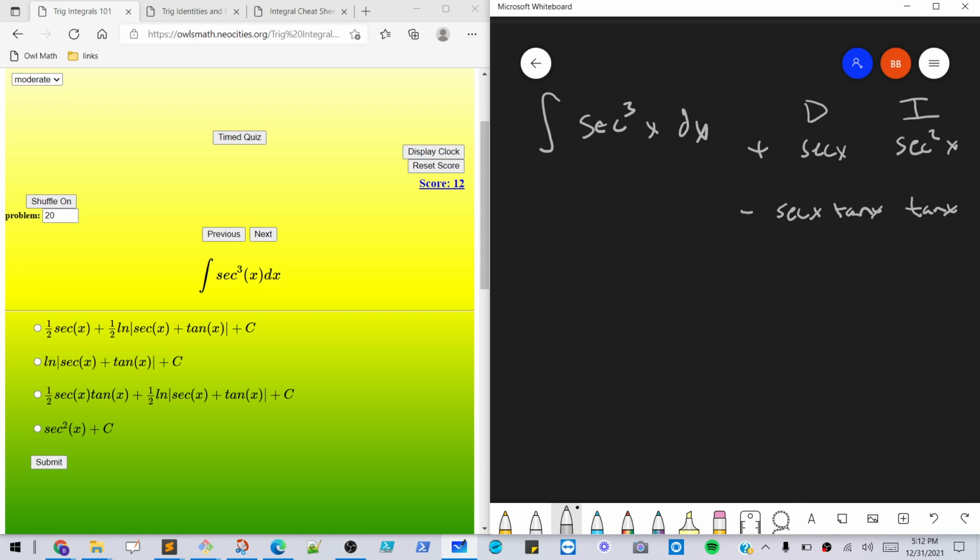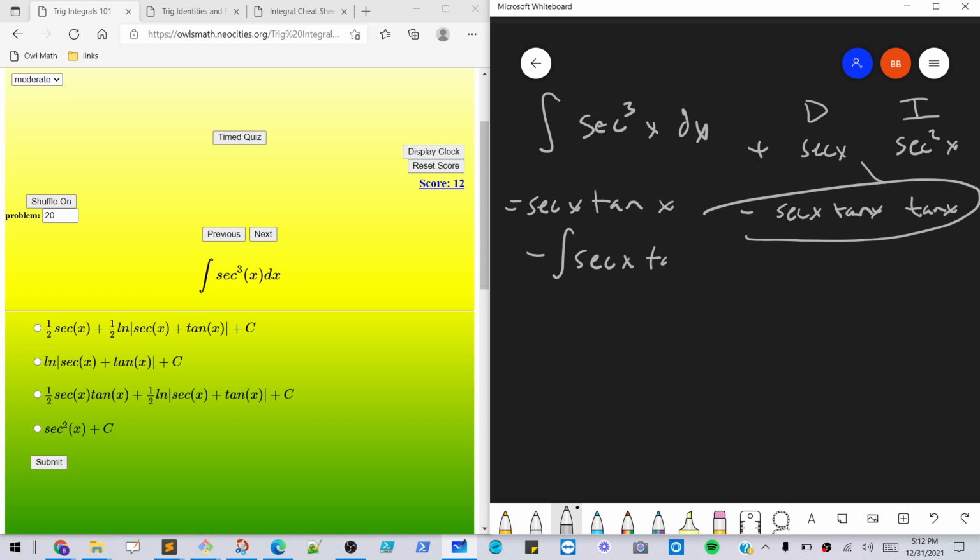So the first part of our answer is going to be secant times tangent. And then this piece here is an integral. So we're going to have minus the integral of secant x times tan squared x.